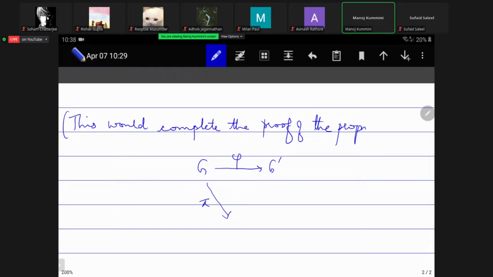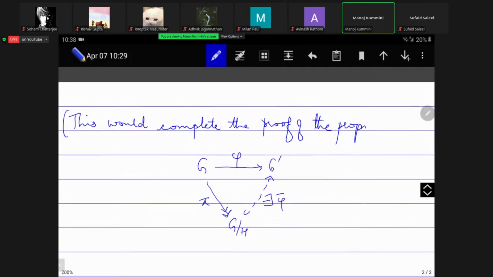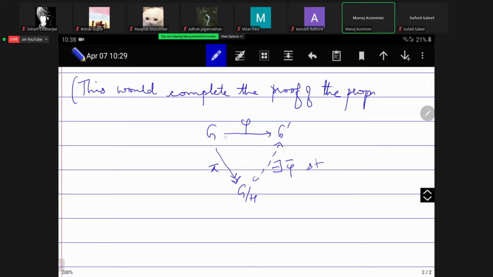So there's a known map from G to G mod H. And the assertion is that there exists a phi bar like this, such that phi is pi followed by phi bar, and this is a group homomorphism.